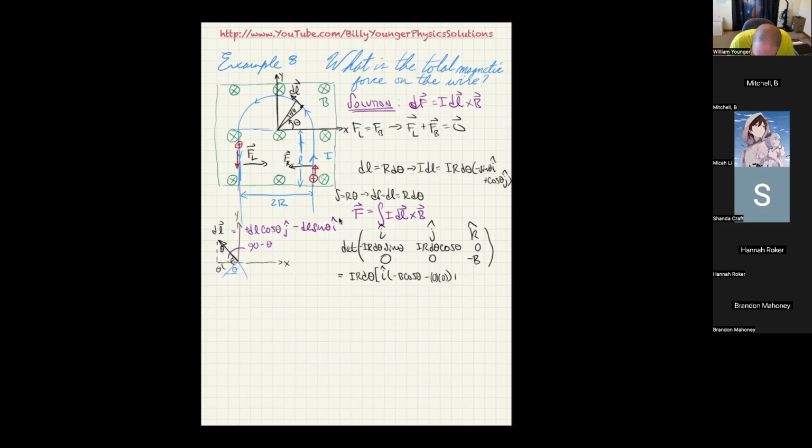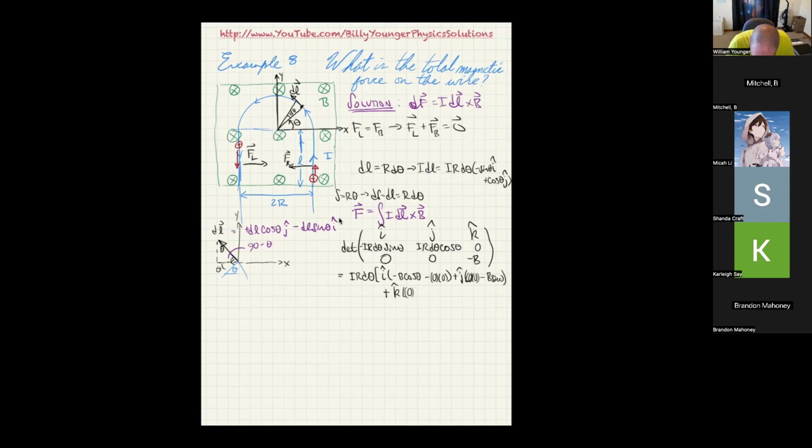Now I'm going to do the j hat part. And the j hat part, remember, is the one with the negative sign. So I have to use the right column and the leftmost column, but go in the backwards order. So I'm going to do 0 times 0 minus, now I'm going to do negative times negative, which in this case is going to be positive, obviously. So it'll be positive B sine theta. And then when I do the k hat, notice I've got a 0 in both of those, so that's just going to give me 0 there.